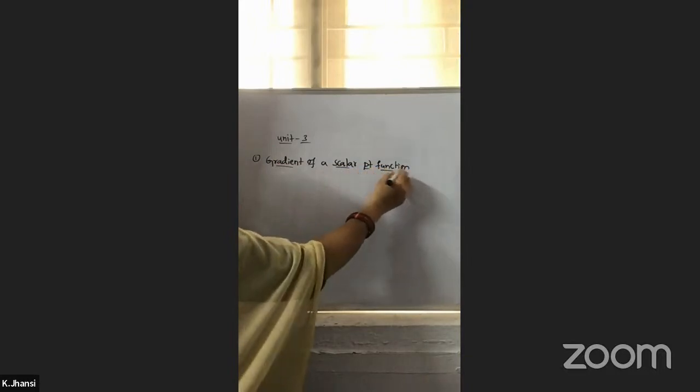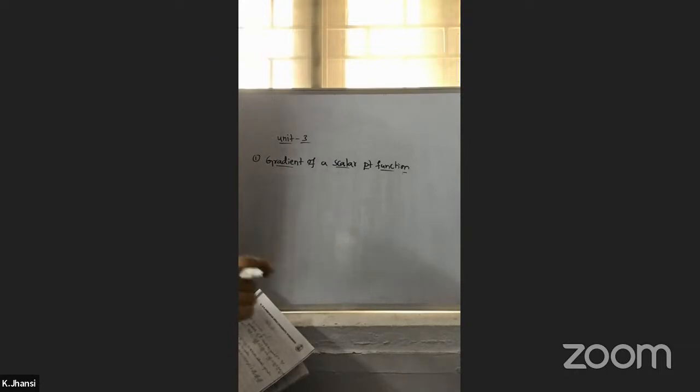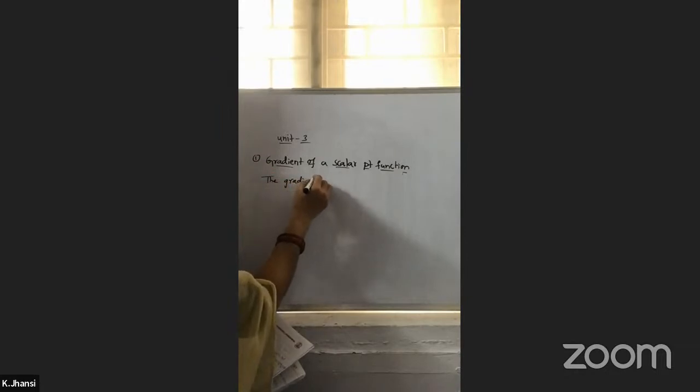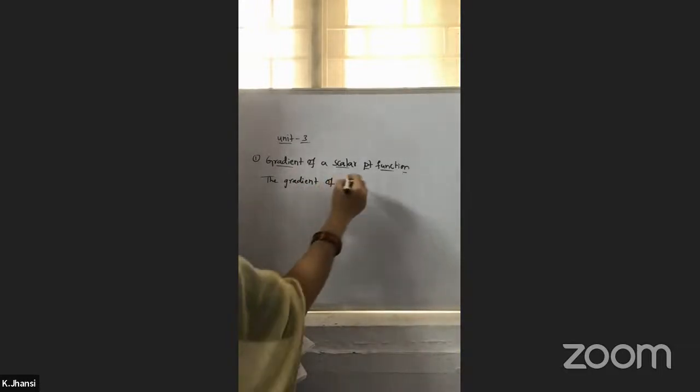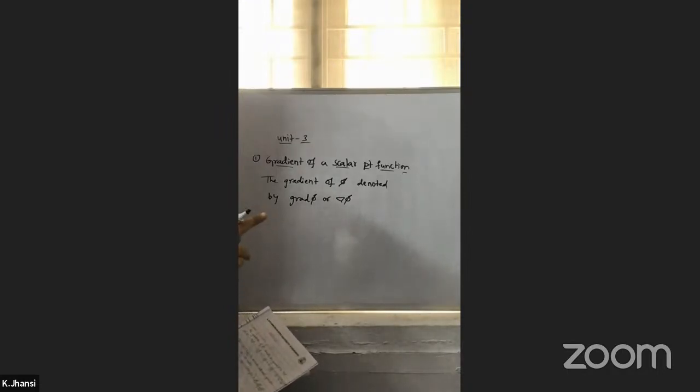Whatever scalar point function is there is denoted as phi, and we denote the gradient of a scalar point function as grad phi, or del phi. Here there is no dot product or cross product, just del multiplied with phi, where phi is the scalar point function.